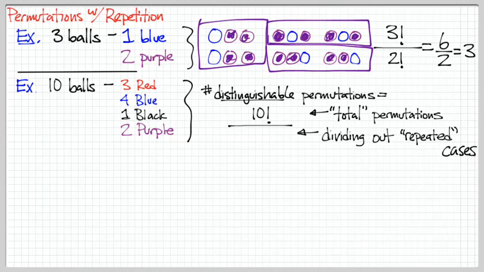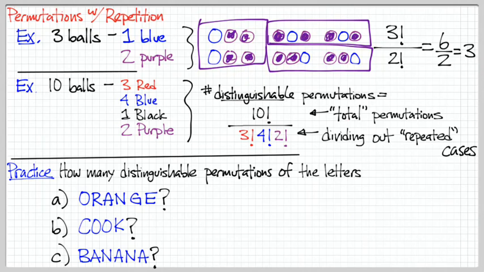There are 3 of those, so there are 3 factorial ways of permuting 3 red balls, 4 factorial ways of permuting 4 blue balls, and then 2 factorial ways of permuting 2 purple balls. So once we divide this out, then we have the number of distinguishable permutations where we're not counting this case twice. So this is some practice problems for you to try out. That's the end of this lesson.